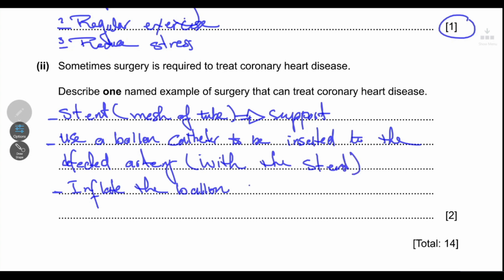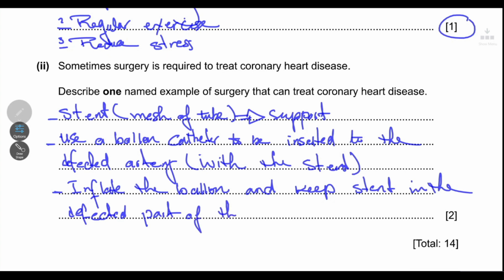Then inflate the balloon and keep the stent in the defected part of the artery. Right after this, we will deflate the balloon and remove it.